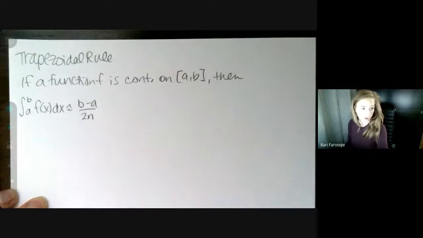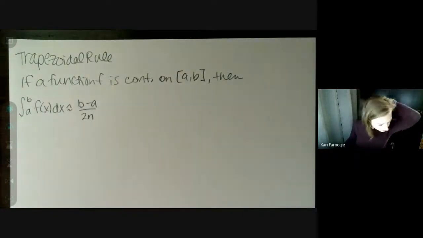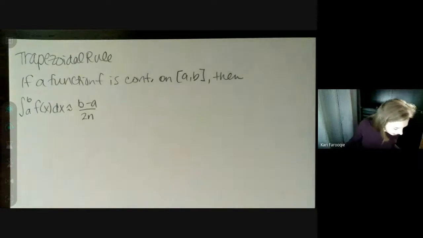Don't forget that 2 in the denominator. That's a change from the midpoint rule. And then you're going to multiply this by f of x sub naught.